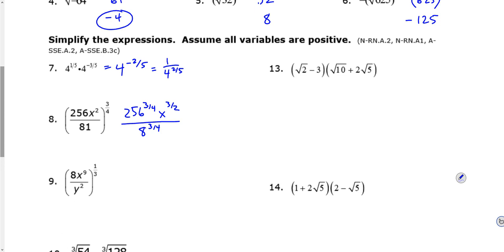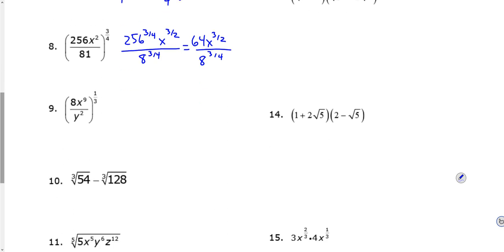So 256 to the 3/4 power ends up being 64. x to the 3 halves. And on the bottom, we have 8 to the 3/4 power. That one actually doesn't work. It's a decimal in the calculator, so I guess we can simplify it a little bit, but I'm just going to leave it. So 8 to the 3/4 power.